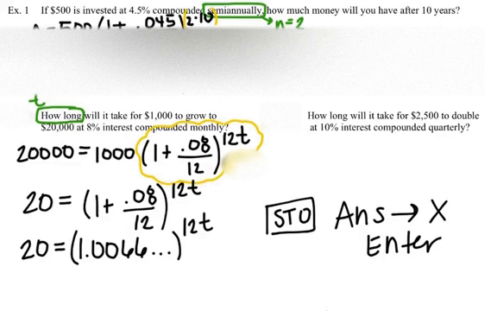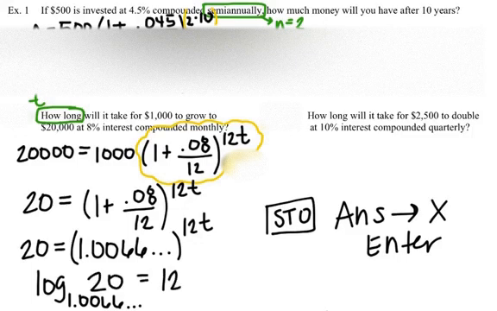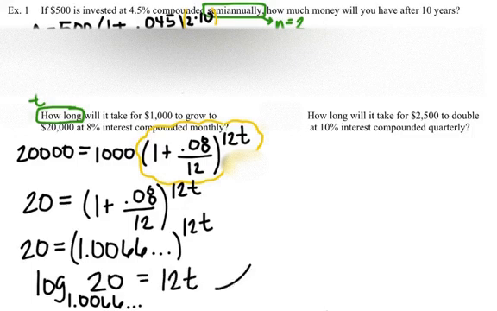So now we can just rewrite our equation in logarithmic form. So this would be log base 1.0066 ... Log base 1.0066 of 20 is equal to 12t. And then we can just divide by 12.